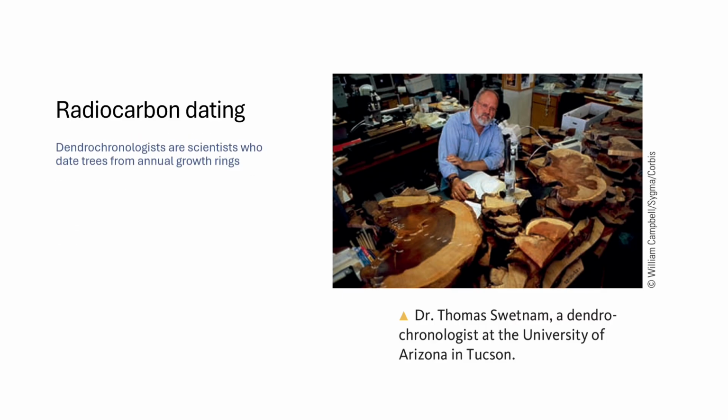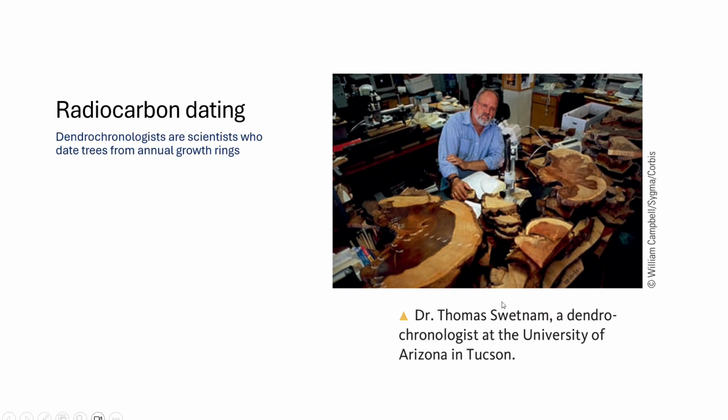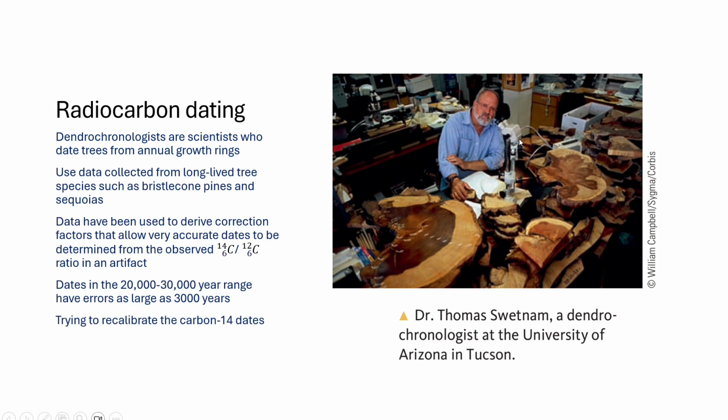This one is dendrochronologist Dr. Thomas Sweatham at the University of Arizona in Tucson. They use data collected from long-lived trees such as bristlecone pines and sequoias, and what they're trying to find now are correction factors, because sometimes the dates in the 20,000 to 30,000 year range have errors as large as 3,000 years.